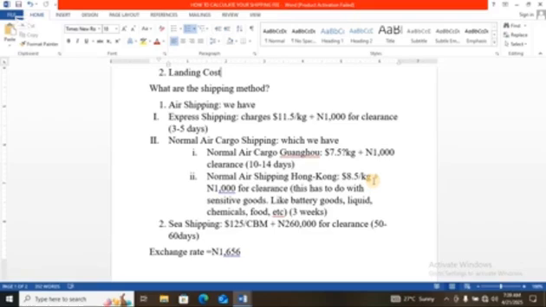Let's say I paid the supplier this evening, and it takes the supplier 2 days, maximum of 2 days. There are suppliers that deliver within 24 hours, there are suppliers that deliver within 48 hours, and there are suppliers that deliver within 72 hours. So you need to ask the supplier, if I pay, how long will it take? Some will tell you within 48 hours, that is 2 days.